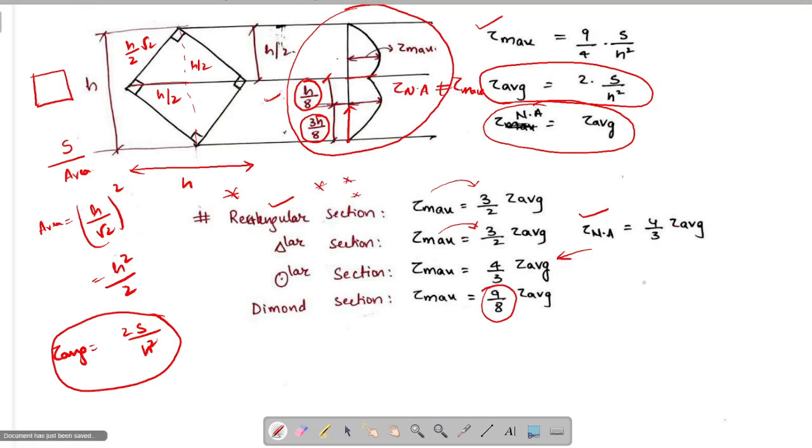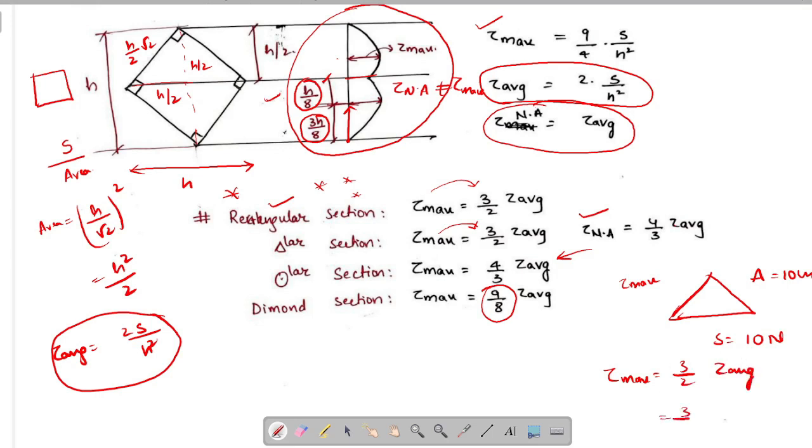For example, if they ask, find the tau max in case of triangular cross section of area A equal to 10 centimeter square, and the shear force acting is some 10 Newton. Okay, we have to find tau max. So we know that in case of triangular section, tau max is given by 3 by 2 times tau average.